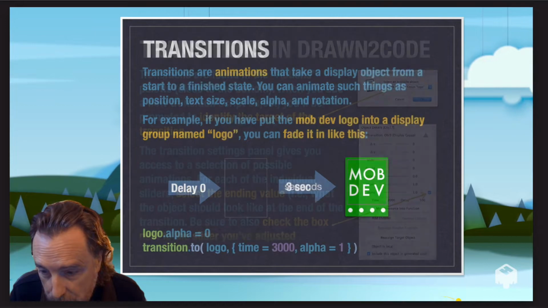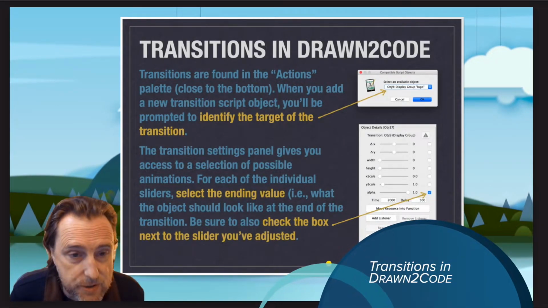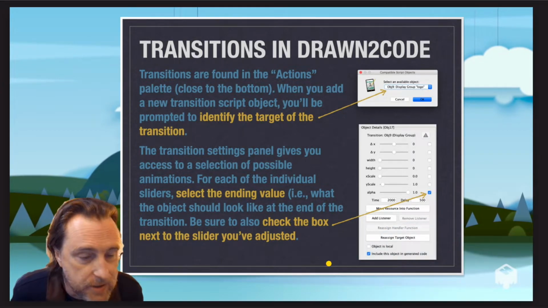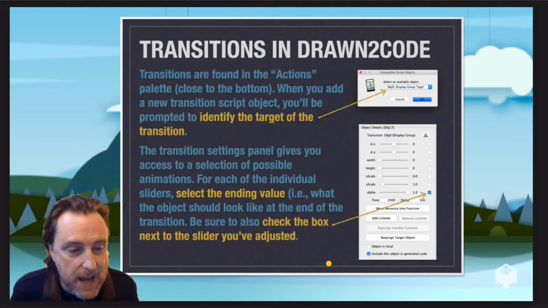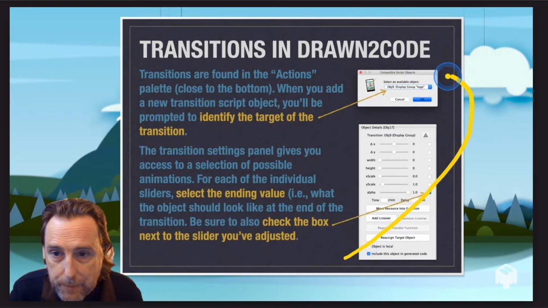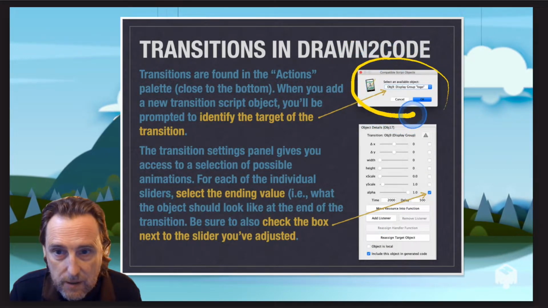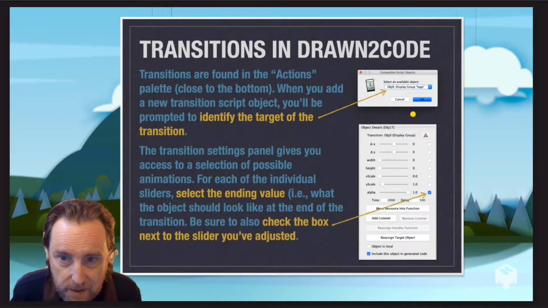Obviously in Draw-No Code, you'll have access to all of this via a transition script object that you add. So transitions are in the actions palette. And when you add a transition script object to your stack, you'll get this prompt up here for what you would like the target of the transition to be.